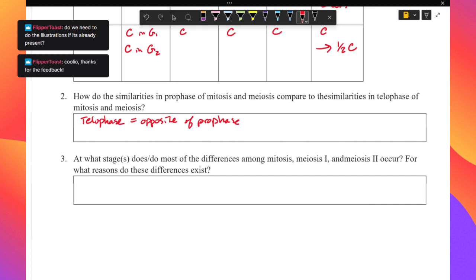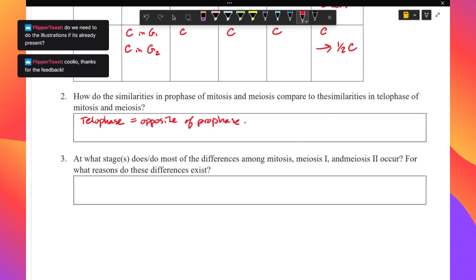In prophase, your chromosomes are consolidating, your nuclear membrane is dissolving, things are starting to move apart. Telophase is quite the opposite. Your chromosomes are starting to uncoil, your nuclear membrane is reforming, and so on. So in other words, whatever's done in prophase is undone in telophase.